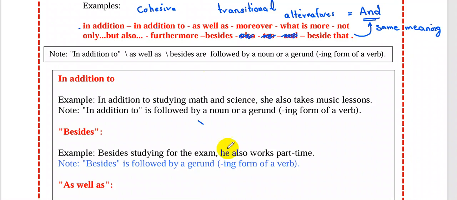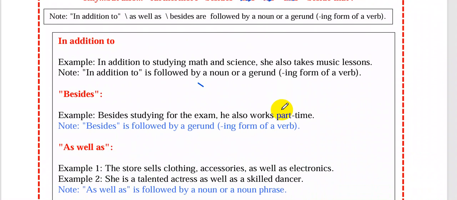Rule number 1 here is that the three connectives, which are in addition to, as well as, and besides, must be followed by either a noun or noun phrase, or a gerund.